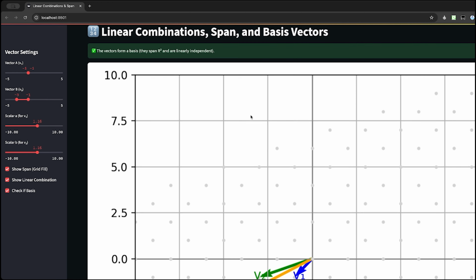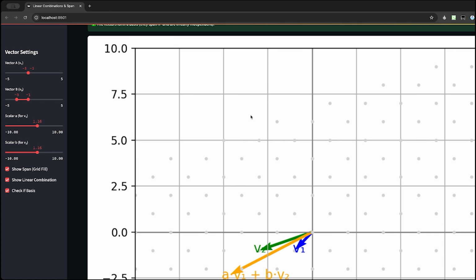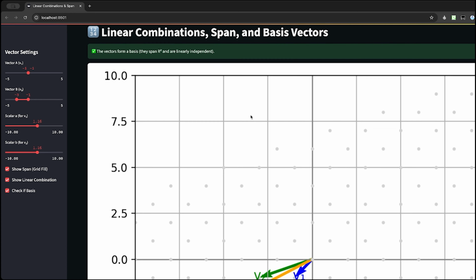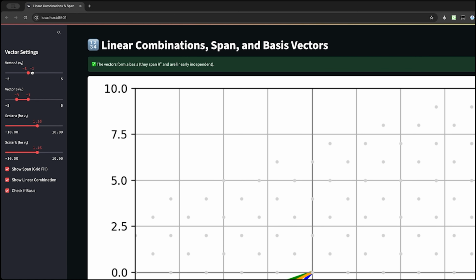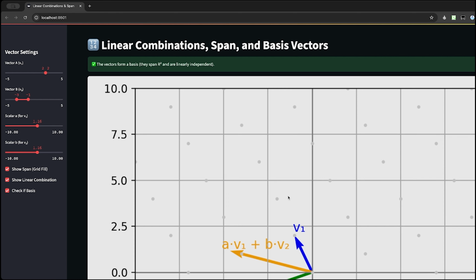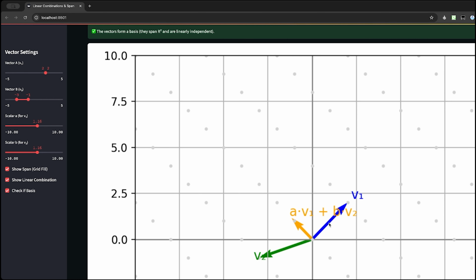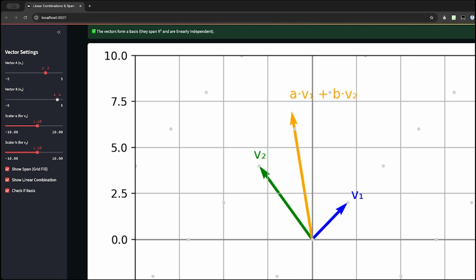Now we have seen linearly independent vectors. Now let me show you linearly dependent vectors. This is my vector v1 having x and y components 2, 2, and this is my vector v2 having x and y components 4, 4.